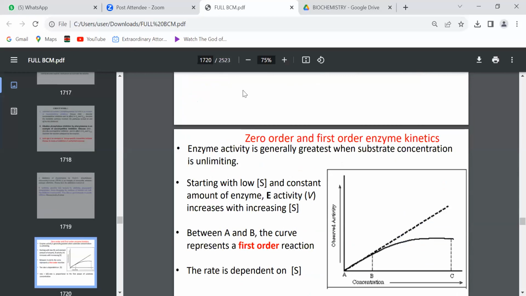Maybe we can just continue with enzymology and do the next part, which was clinical enzymology.